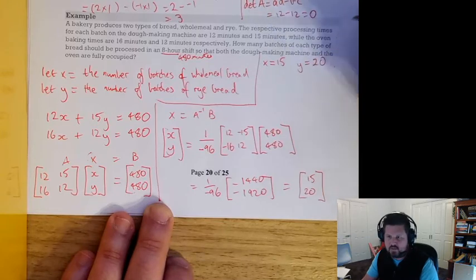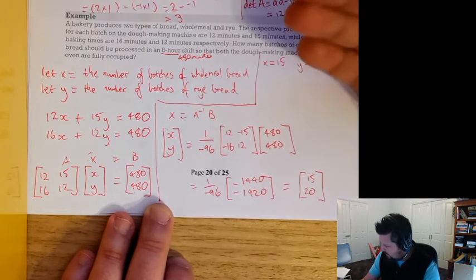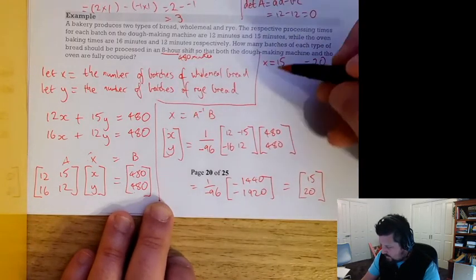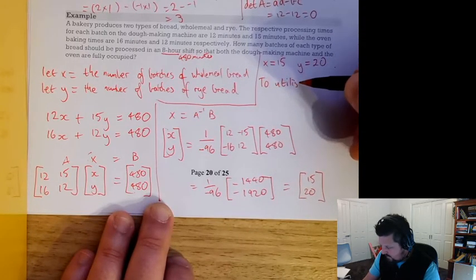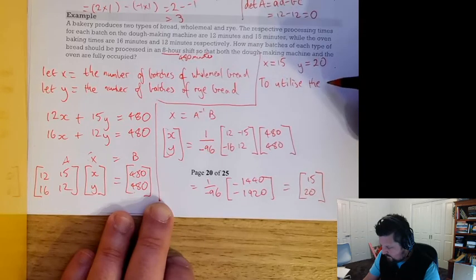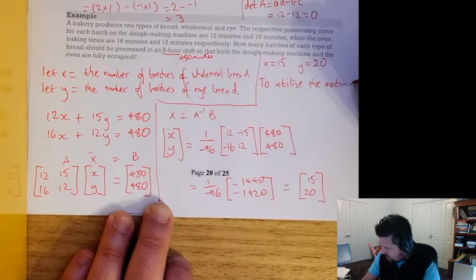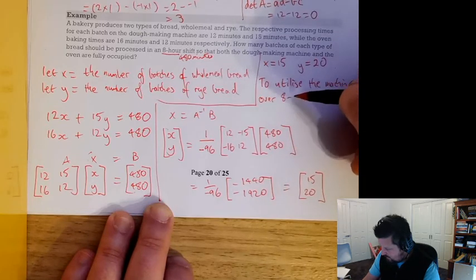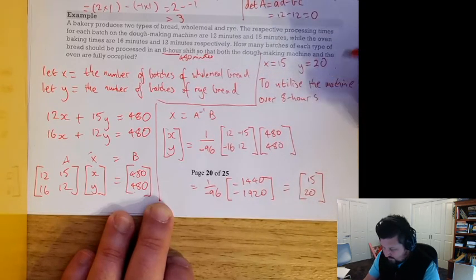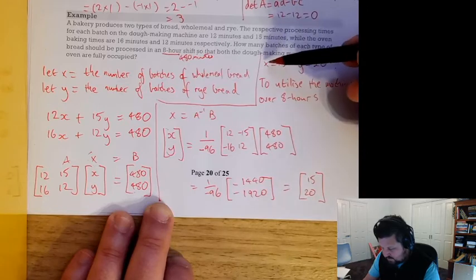But to actually write this out and answer the question nicely, I would say the following. To utilize the machine over the 8 hours, you could create 15 batches of x, which were the wholemeal.